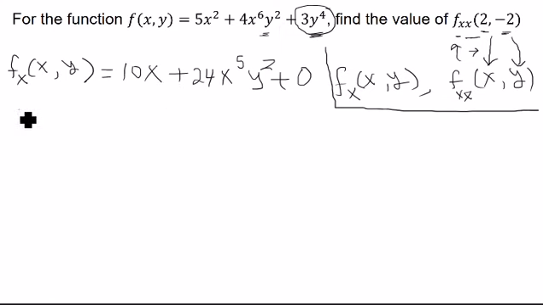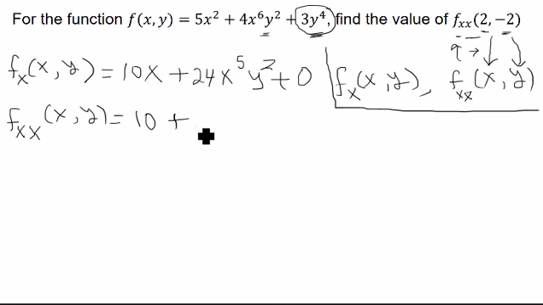That's why we're going to write this as f sub x is our initial notation, and we're going to add the second variable that we're differentiating with, and that's again x, and we're going to write x comma y, and that's now going to be the derivative of the first term, which is 10x, and we're differentiating with respect to x. So the derivative of x with respect to x is 1. That means it's just 10.